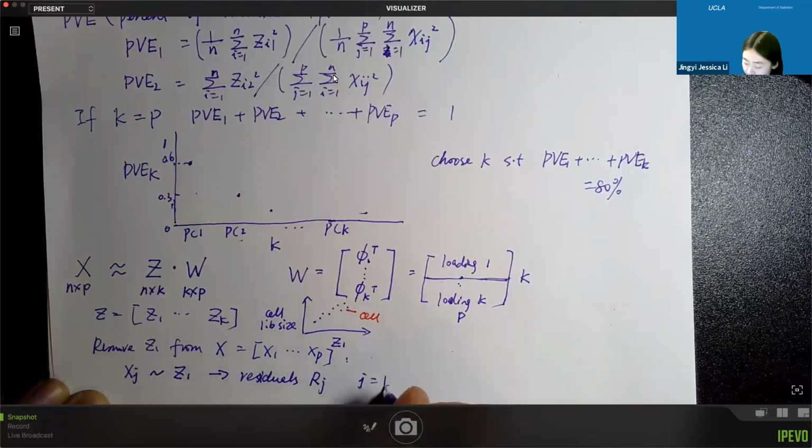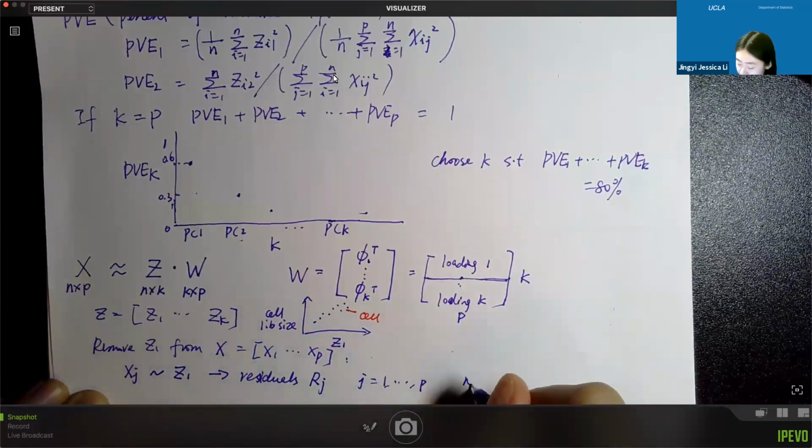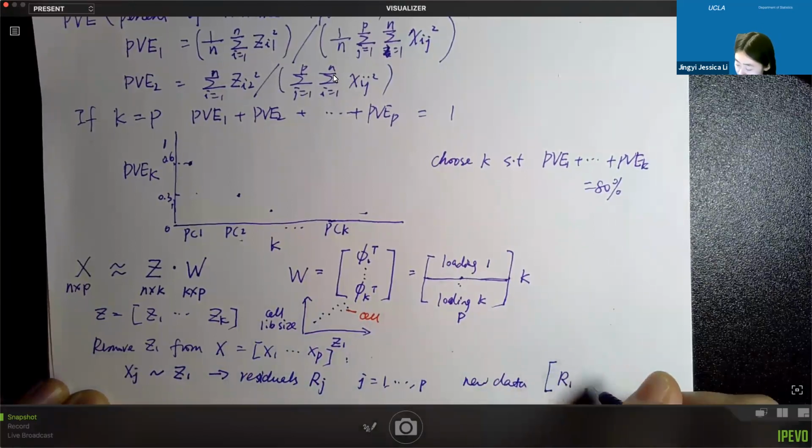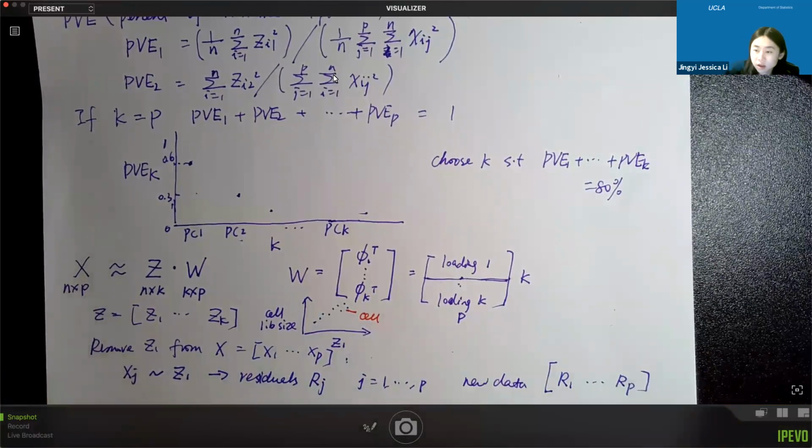I can do that for every j, for j going from 1 to P. Then your new data to be used for analysis could be just R1 to RP. That's also something common in bioinformatics. If you want to remove the effect of something, you can do linear regression on that to remove the linear effect.